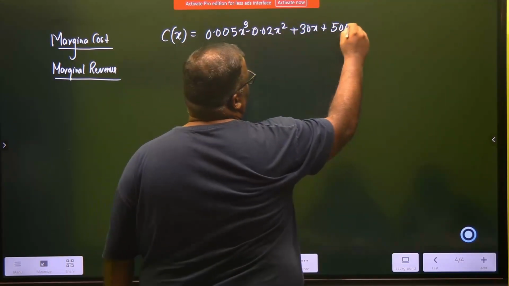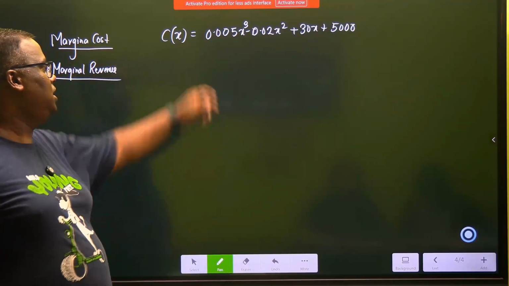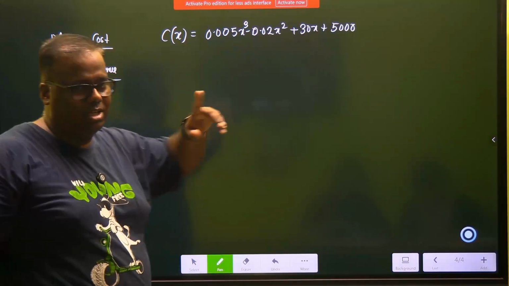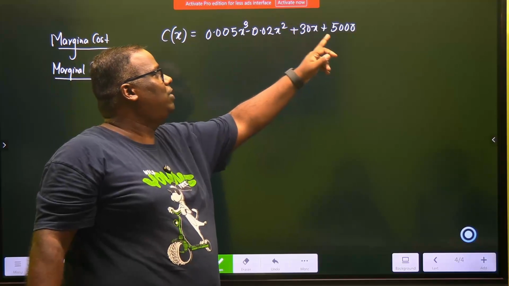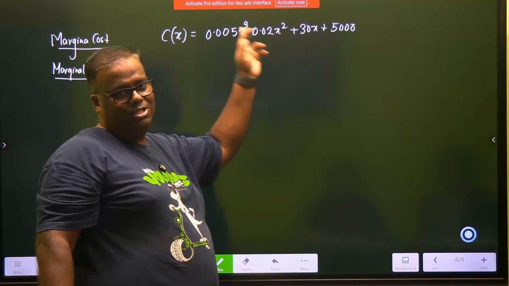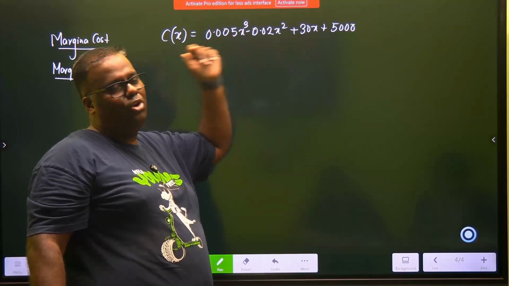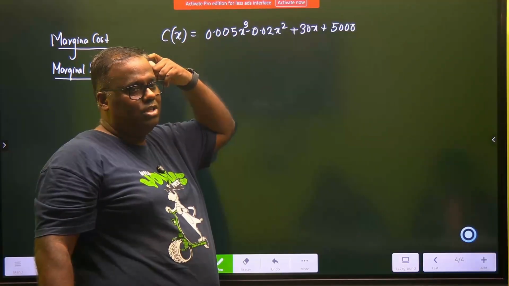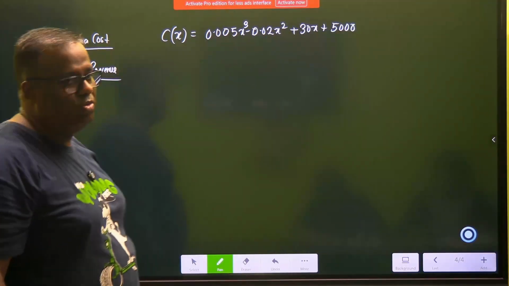It means your cost is coming like this. See, if you bake one cake, then your cost is 5,000 plus 30 plus this. If you do not bake any cakes at all, what is your cost? 5,000.